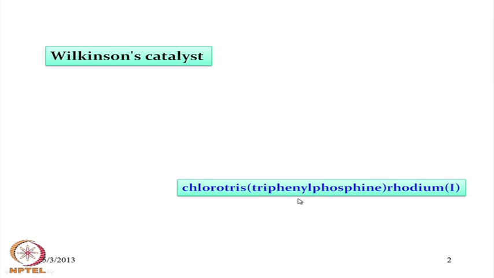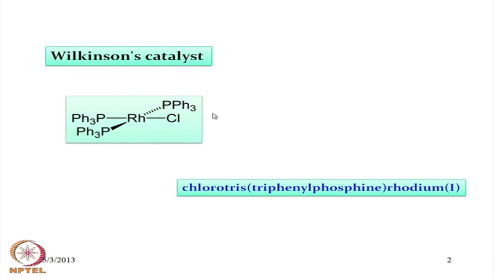So, this is another example of a coordination complex where the coordination number is 4. This is the molecule where we have 3 triphenyl phosphine and 1 Cl.